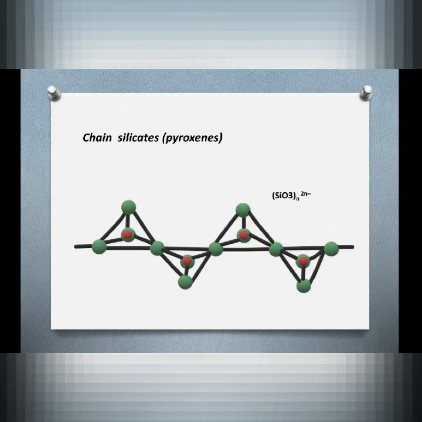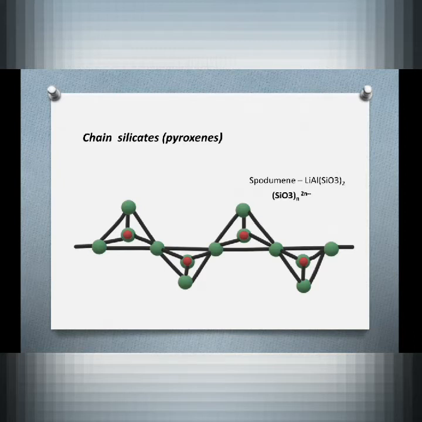and if there is n number of tetrahedral units, then the repeating unit structure of these types of pyroxene silicate will be (SiO3)n to the power 2n minus. That is, if there are n number of tetrahedral units, then the negative charge will be 2n minus.